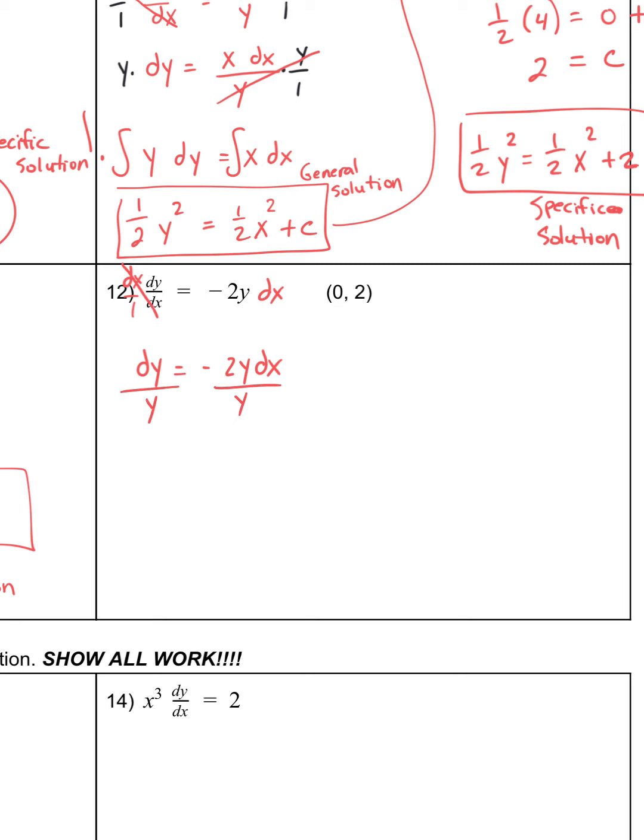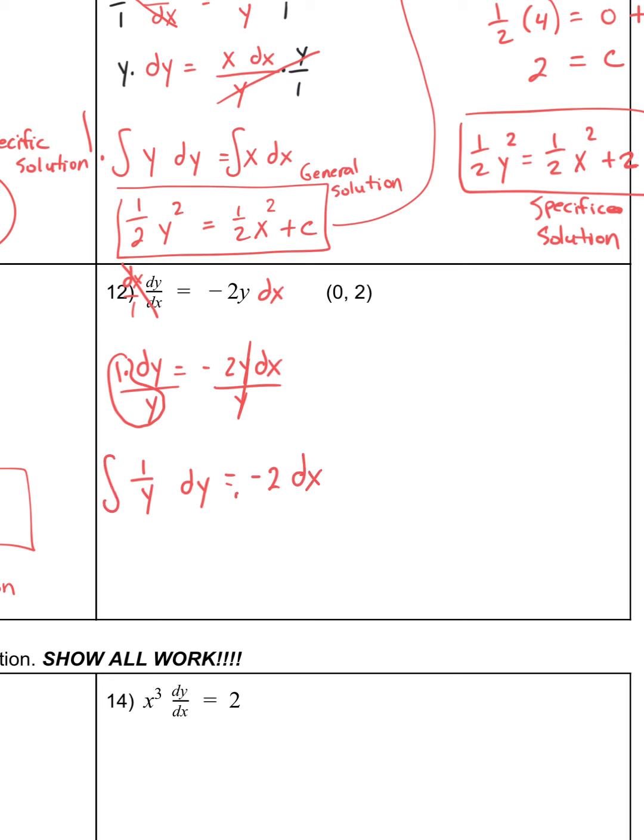On the left, there is a 1 out front, so I'm going to pull this fraction out front. I'm going to rewrite that as 1 over y dy, so that I know how to take the antiderivative on this side. On the right, the y's cancel, and I simply have negative 2 dx.